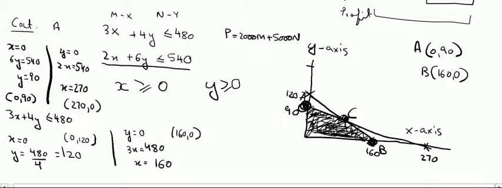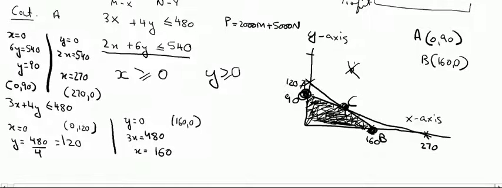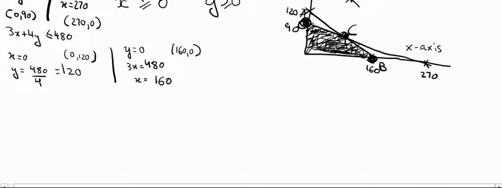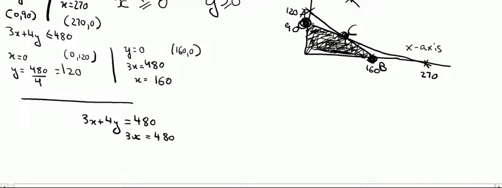To know the coordinates of any point on a graph paper, you solve both the lines passing through that point simultaneously. The first line has an equation of 3x plus 4y equals 480, which can be rewritten as 3x equals 480 minus 4y, and therefore x equals (480 minus 4y) upon 3.